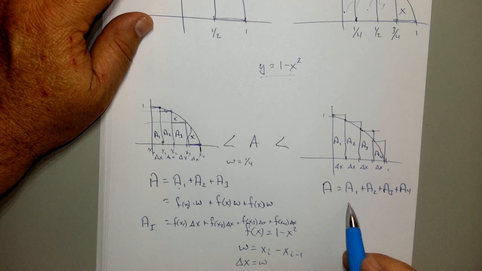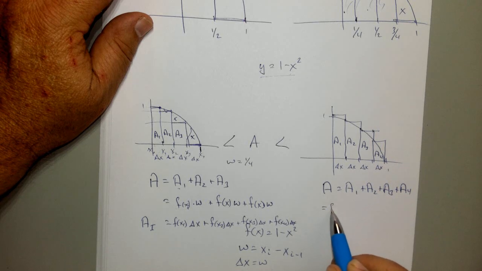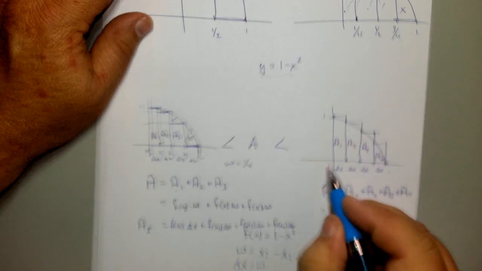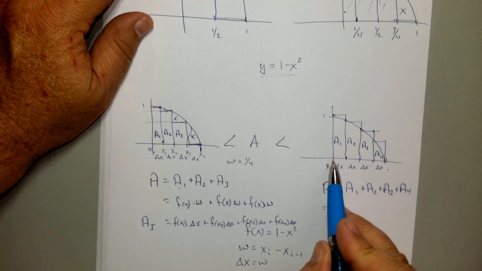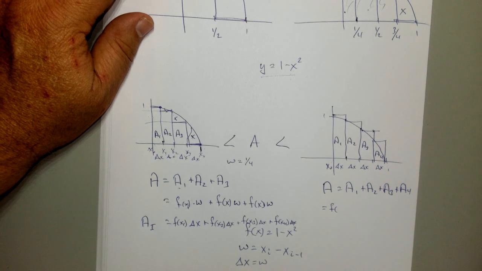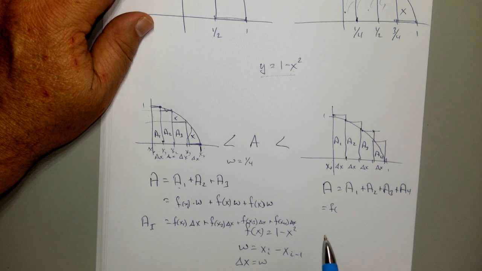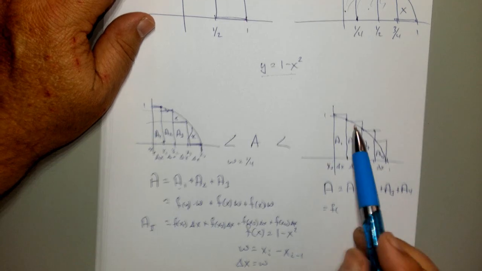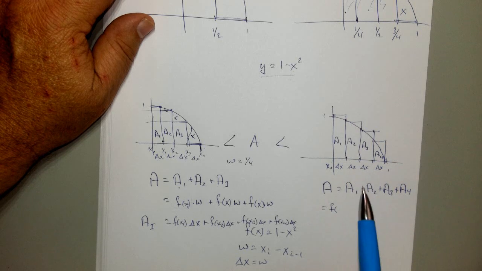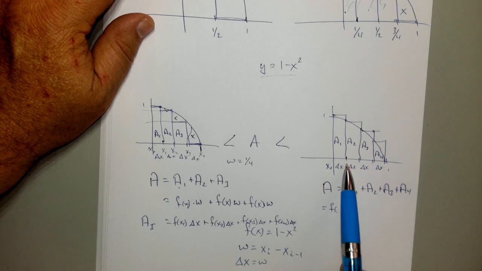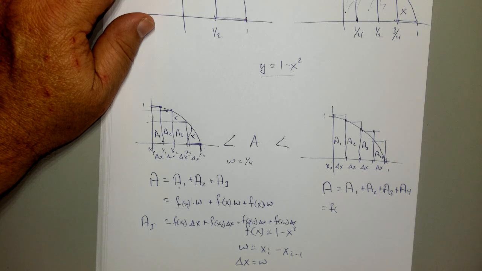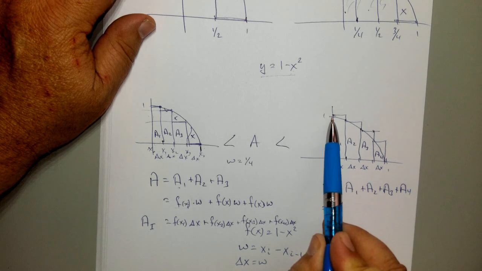Now this one, what x do you put in this one? Here's x sub 0, x sub 1, 2, 3, 4. So what's your input in this other one? Look at the box. What's the highest of the box? Does it belong to the x0 or does it belong to x1? Where is it touching the curve? It's touching the curve up there, right?